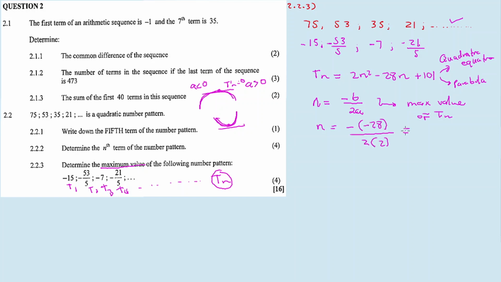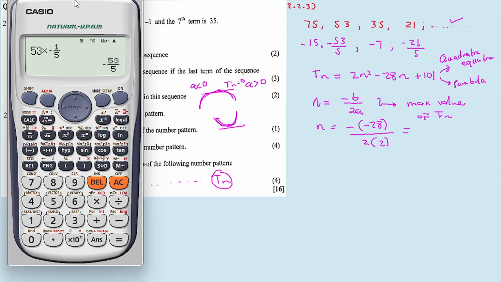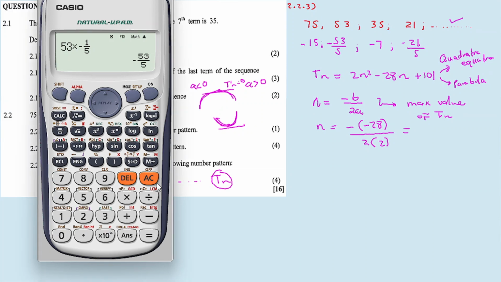So then we calculate. Why am I using this formula? Because in a parabola, if we want the maximum term, I mean the turning point, this point or this point, those are your turning points. This n equal to minus b over 2a gives us the x coordinate for our turning point, right?